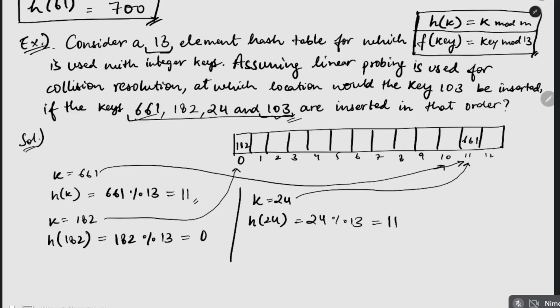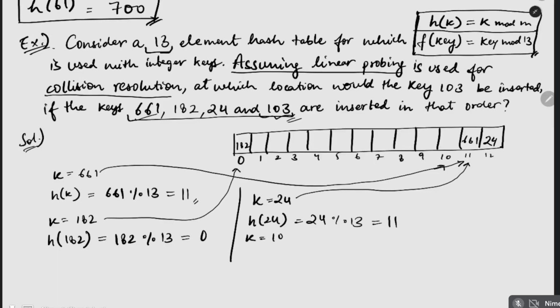But now there is a collision, right? Because 661 is already at index 11. So for collision resolution, we have been told to assume linear probing, right? So we basically start looking for the next empty place after the index 11. What's the next empty place after 11? That is 12. So 24 goes to position 12.